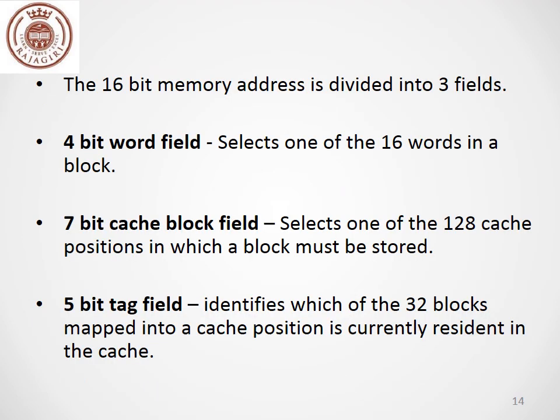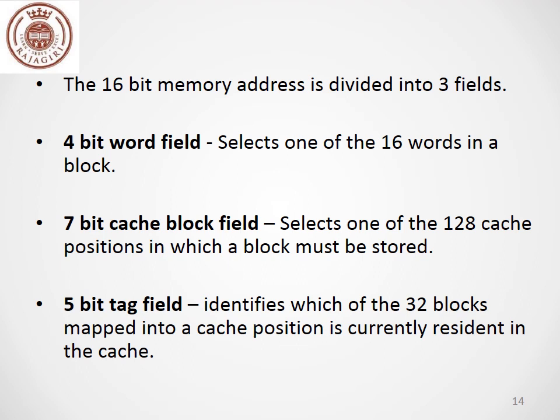As mentioned in the beginning, here we are going to consider a 16-bit address line. So the memory address will also consist of 16 bits. Now this 16-bit memory address can be divided into three parts: a 4-bit word field, a 7-bit cache block field, and a 5-bit tag field. The least significant 4 bits in the memory address can be used to select one of the 16 words in a block that is now residing in the cache.